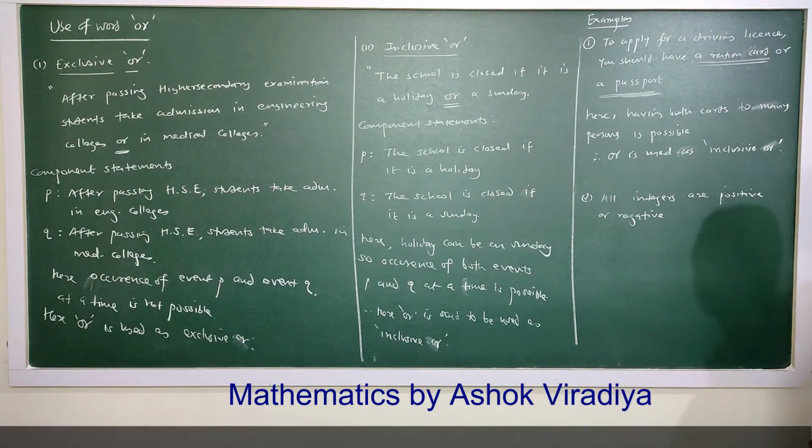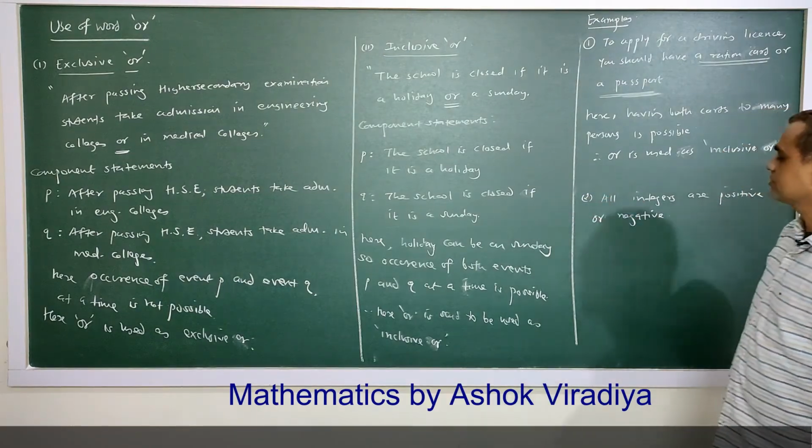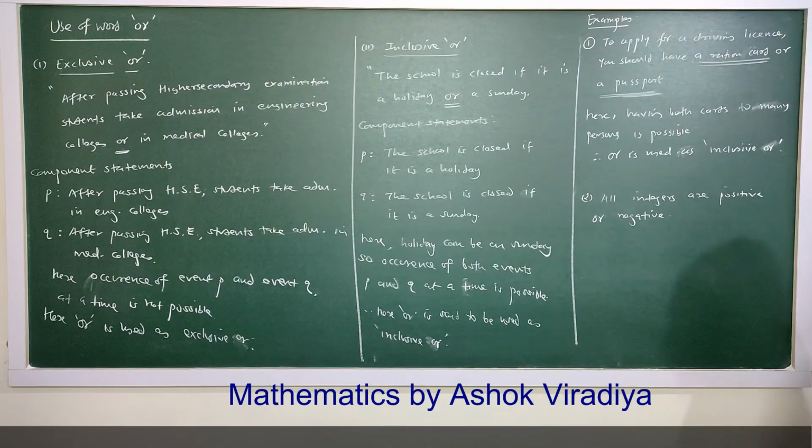Say here, all integers are positive or negative. All integers are positive, that is the first part. Then this is the connective. All integers are negative, that is the second part.